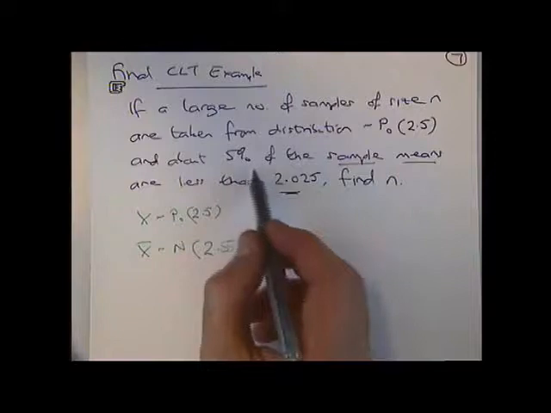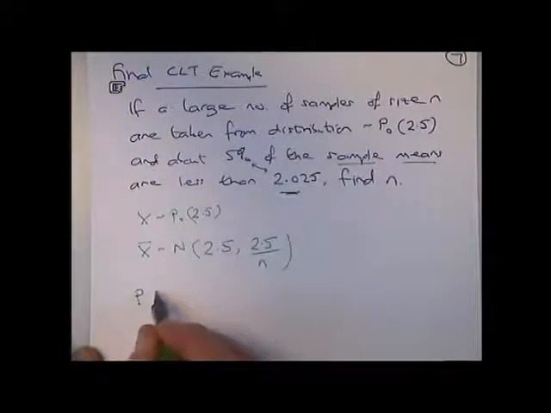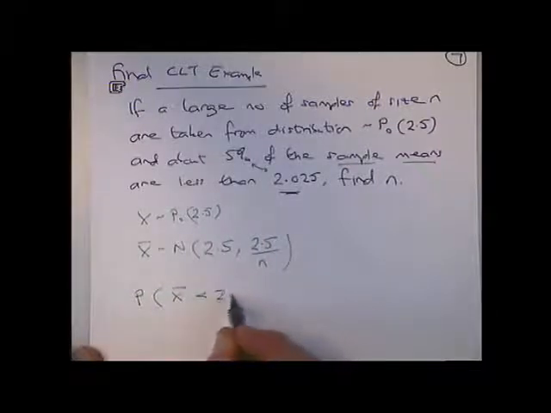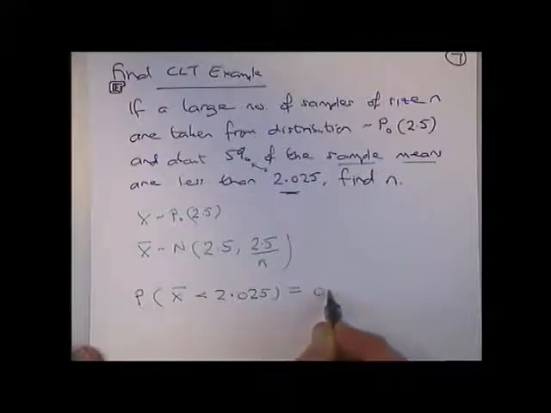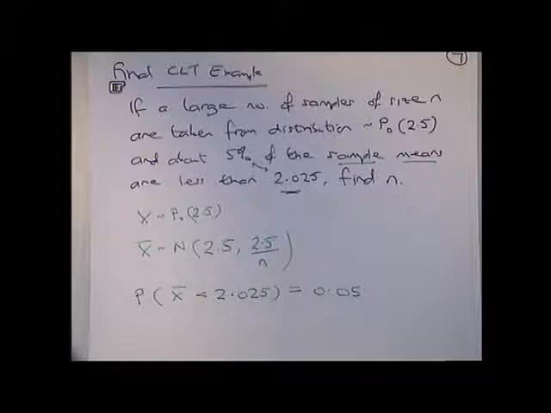Now, if I can link these two things together, I am told that the probability that the sample mean is less than 2.025 is about 5%. That's writing that down in proper notation.